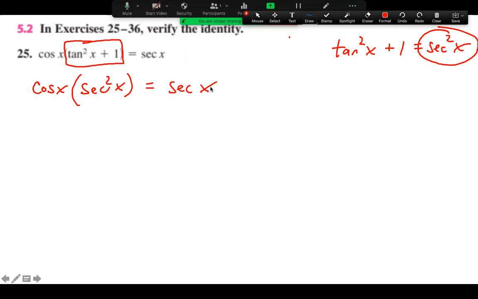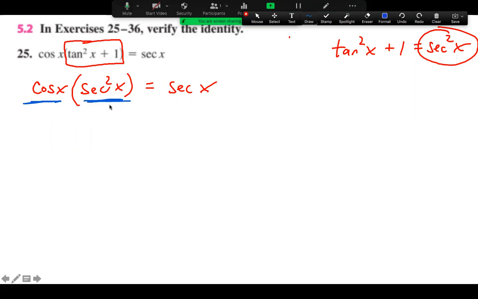So at this point, I'm going to notice that I have cosine right here. And it's generally a good strategy to boil down the problems in terms of sine and cosine. So I already did a Pythagorean identity. Now I'm going to do a fair trade, or an alter ego of secant squared.